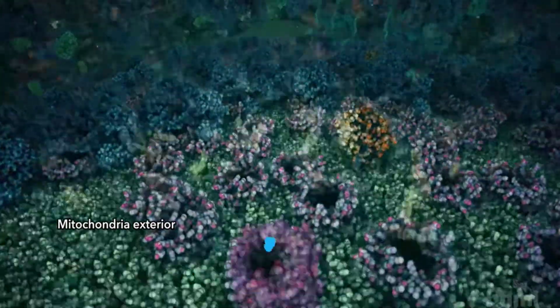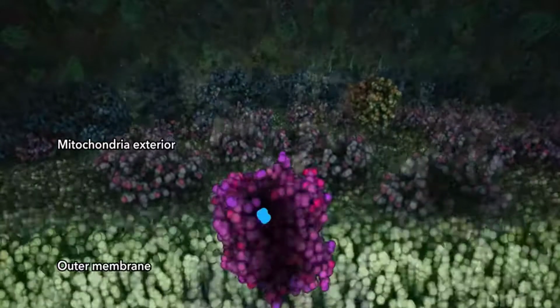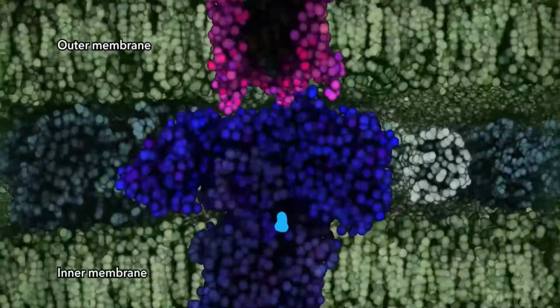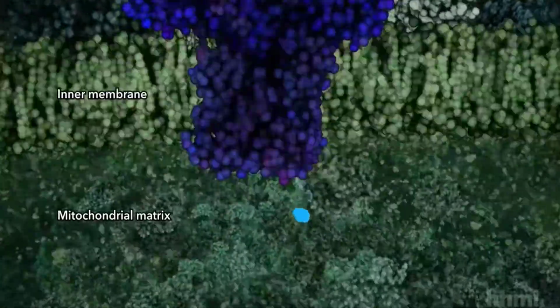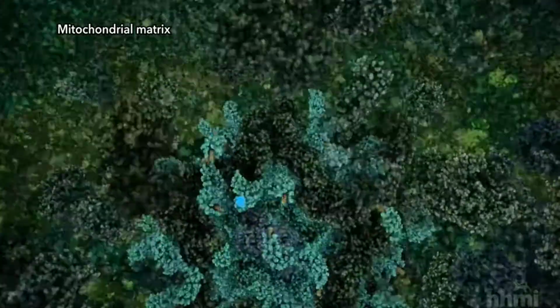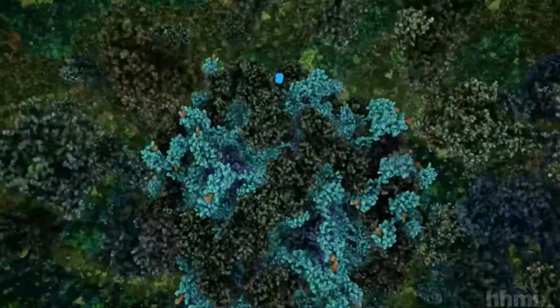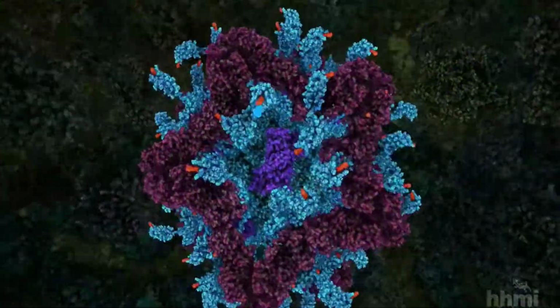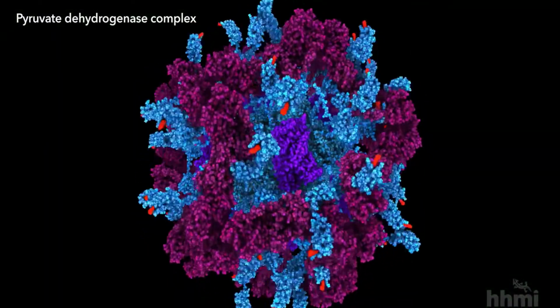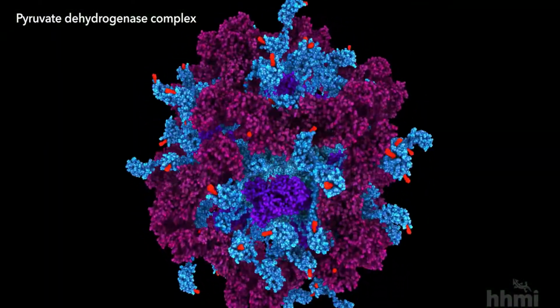Pyruvate enters pores on the mitochondria membrane and is transported into the interior. The reactions linking pyruvate with aerobic respiration are performed by a huge protein complex made with multiple copies of 3 types of enzyme.